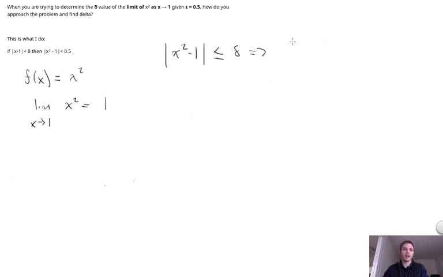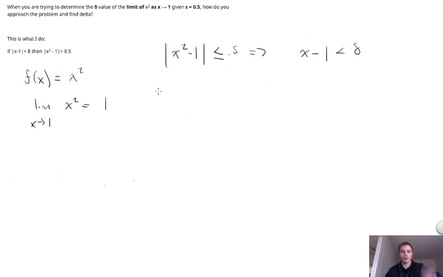And this should imply that no matter what delta you choose, you would get the absolute value less than epsilon. Oh, I have them backwards actually. So epsilon is 0.5, and then we have delta.